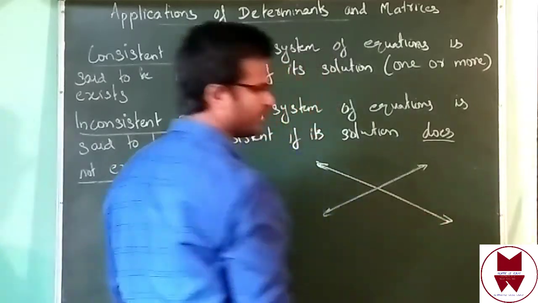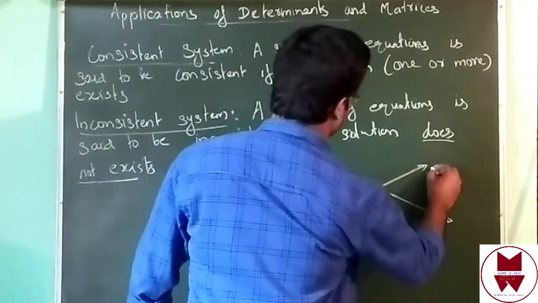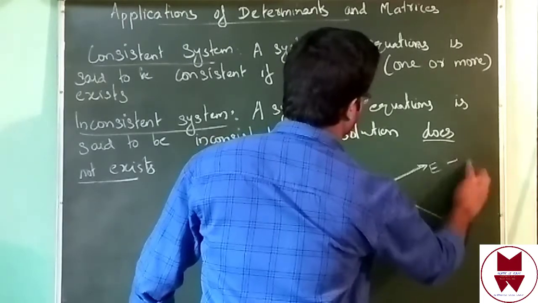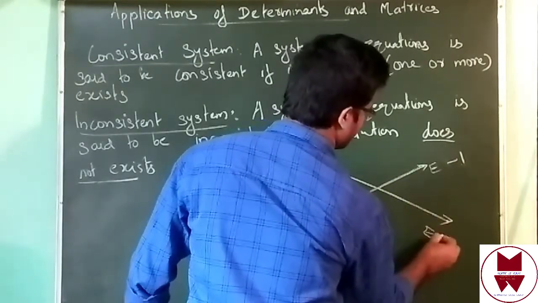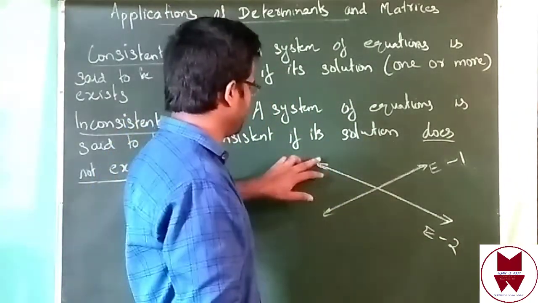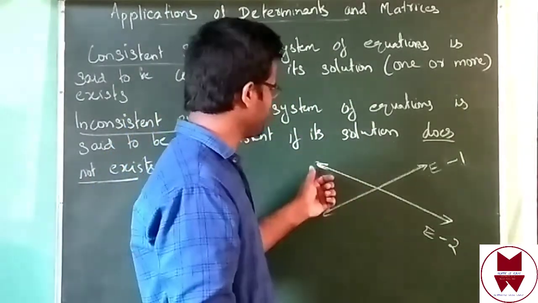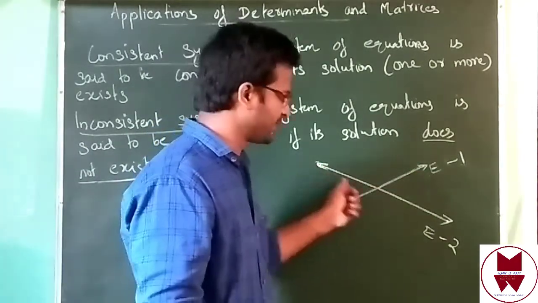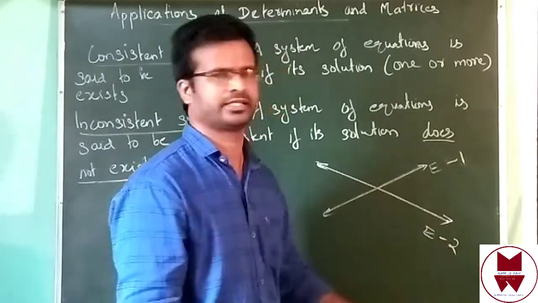This is the figure you studied in class 10. This is the first equation, equation 1, and equation 2. If you draw the graph of the first linear equation, you will get one straight line. If you draw the graph of the second linear equation, you will get a second line.